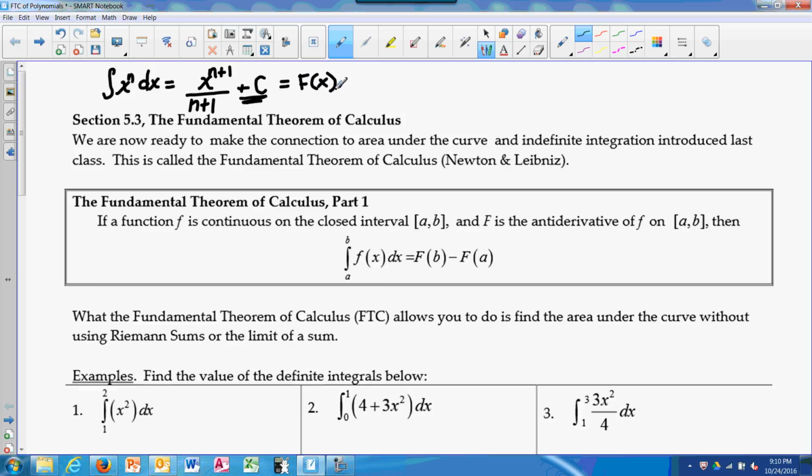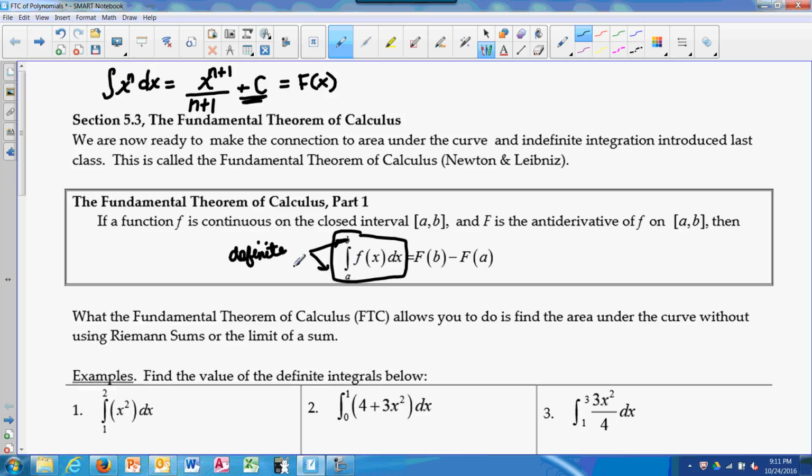of x. Now, the fundamental theorem of calculus tells us that this piece here, the integral from a to b, which is a definite integral, it's definite because we know the values of b and a, is actually finding an area.